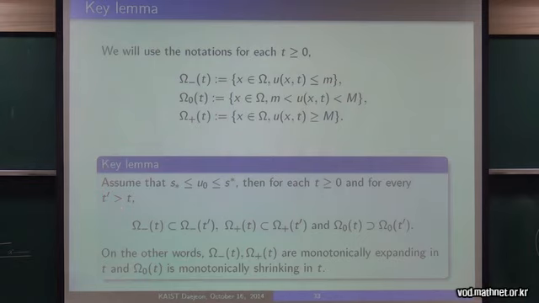Assume that U naught is between S lower star and S upper star. Then omega minus expands, omega plus expands, and omega naught shrinks, which is natural.